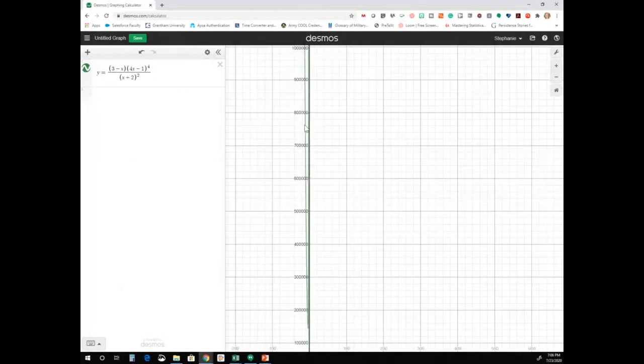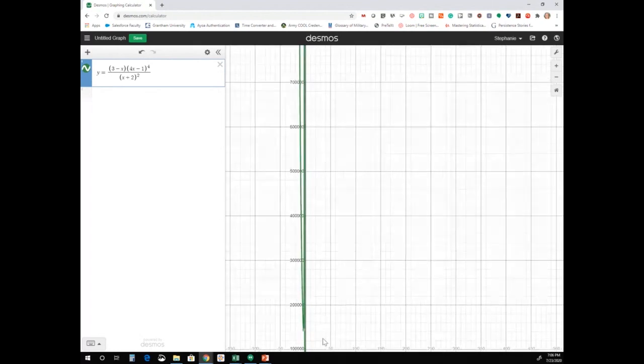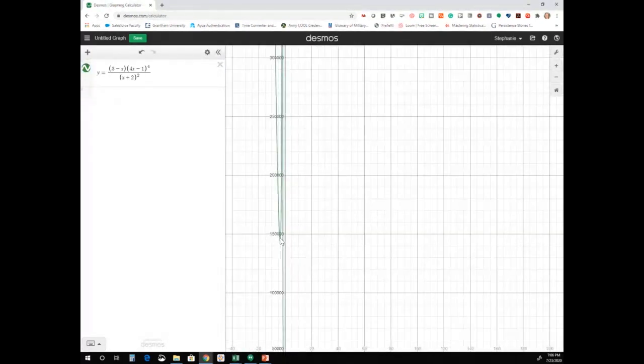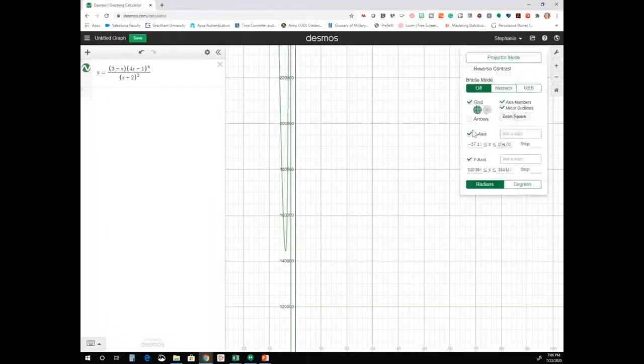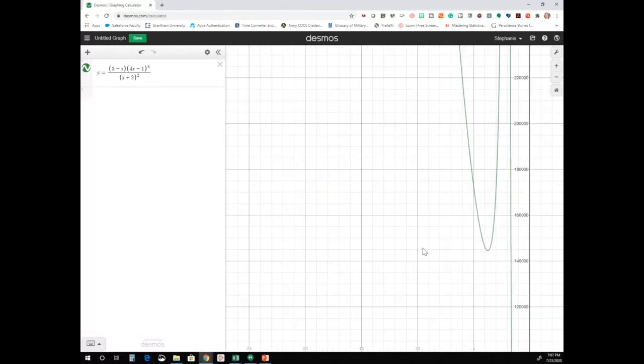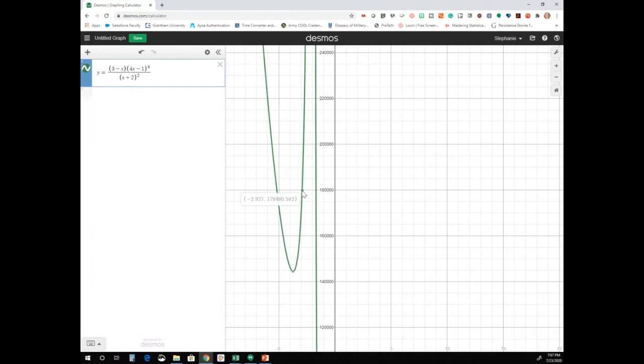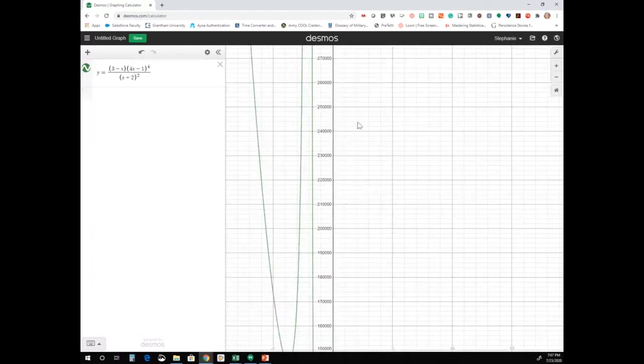Zooming out, let's see. Okay, we've got some interesting things going on here in this graph. Okay, so -2, that's -3.